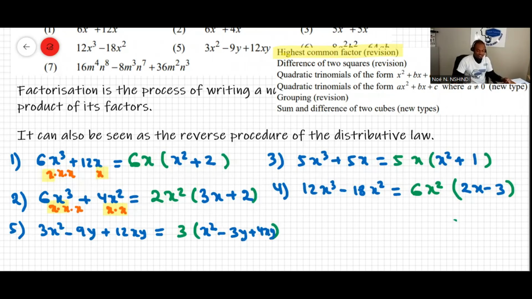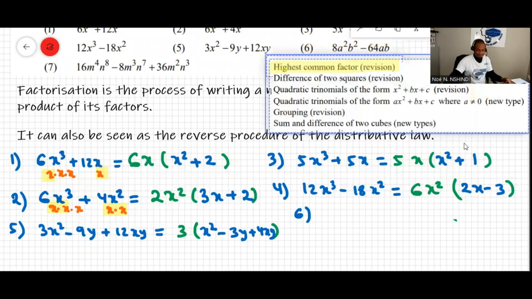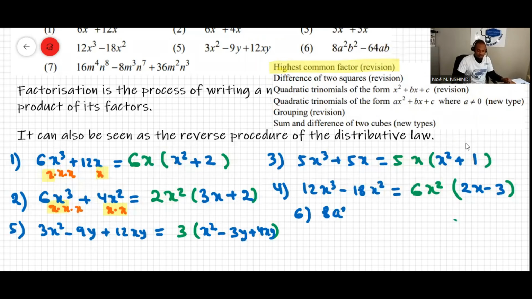Okay, and then question 6. We have 8a squared b squared minus 64ab. Let's write it here: 8a squared b squared minus 64ab. We will identify the common factor of the coefficients first. 8 and 64. What is common? It's 8, because 8 goes into 64 8 times.